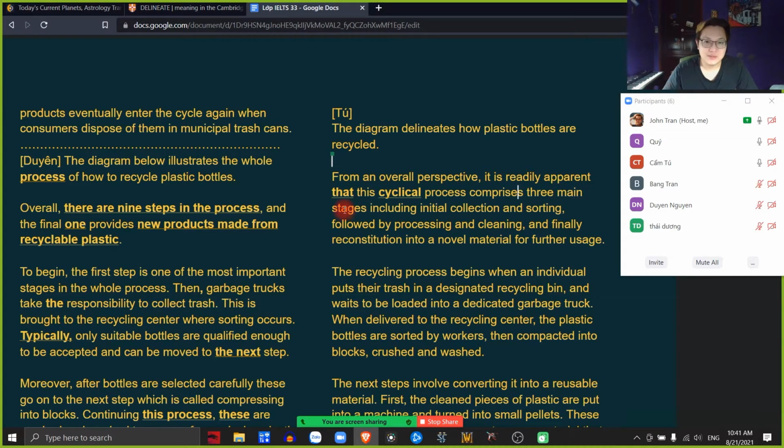Comprises bao gồm 3 giai đoạn chính. Comprises 3 main stages including initial collection and sorting, followed by processing and cleaning, and finally reconstitution. A novel material, một vật liệu mới ha, a new material for further usage.